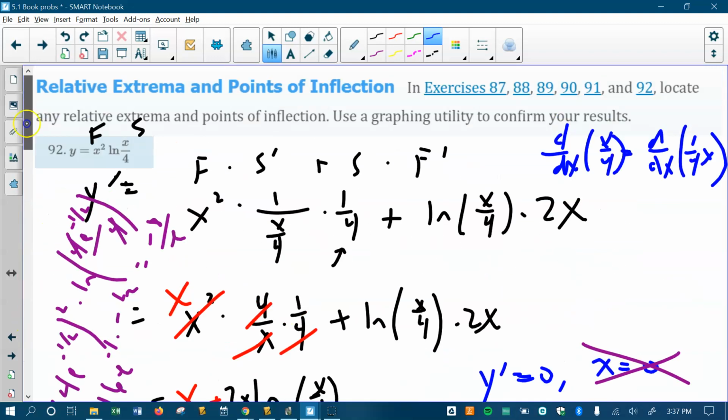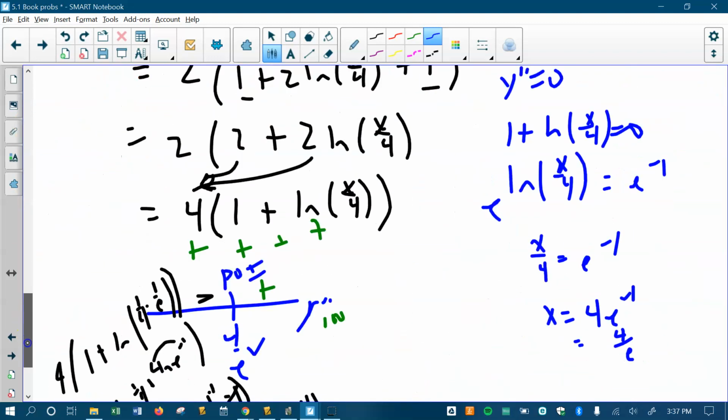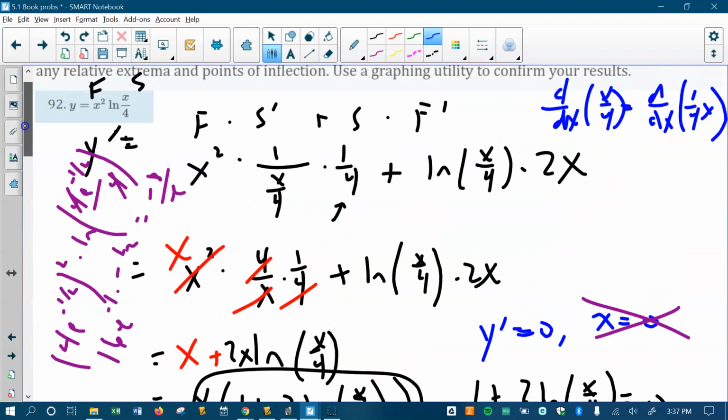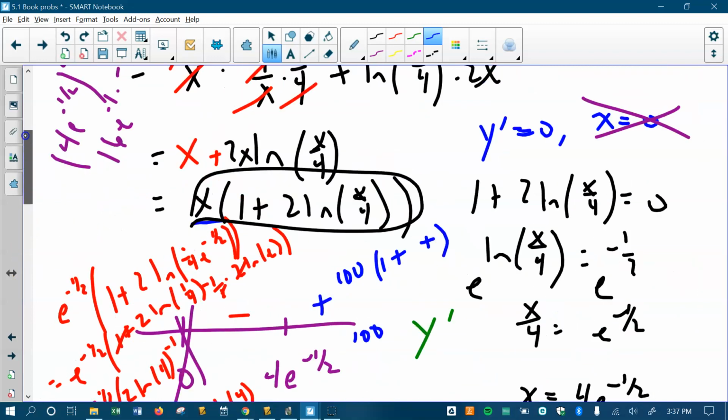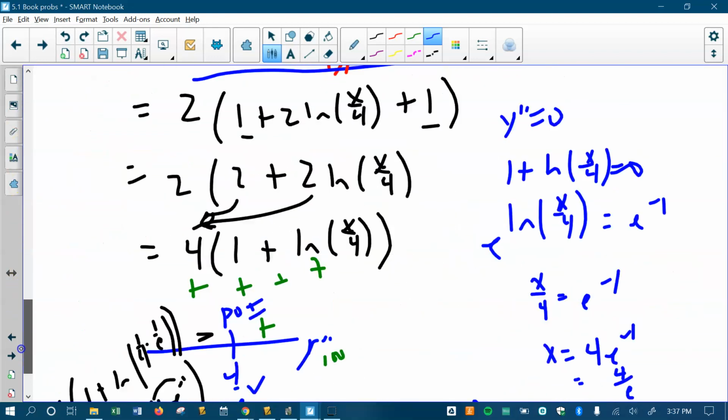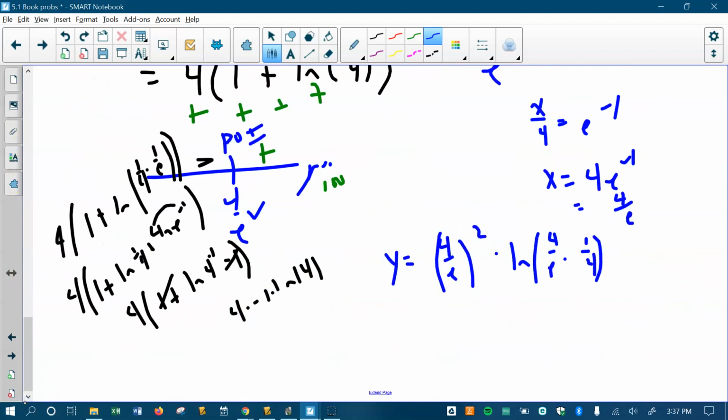So let's go and plug in that point, which is 4 over e squared, to get the coordinate. 4 over e squared times ln of 4 over e squared times 1/4. I think that's it, right? Yeah, that's right. Okay, I'm going to have to go soon, so we better hurry this up. ln of that.